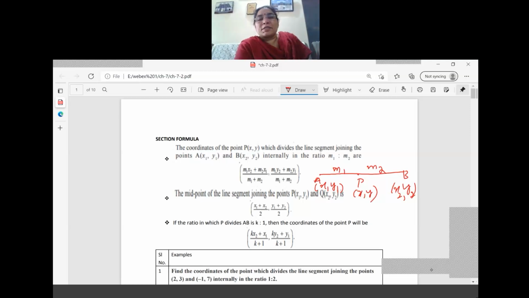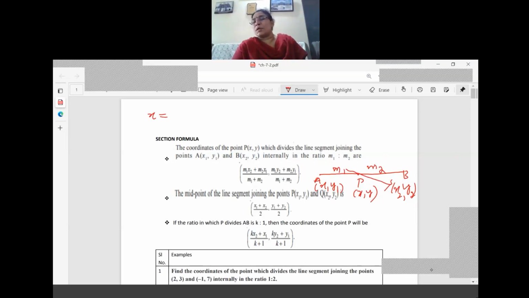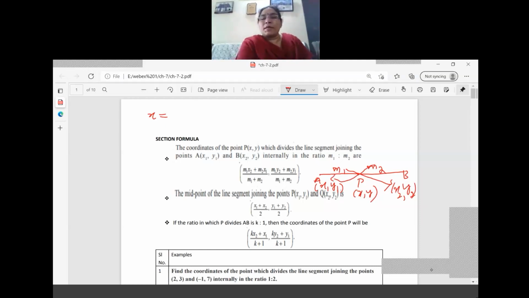So x is the first value we are taking for P, that is the x coordinate. With m1 as the ratio, the coordinate is the far away one, x2. With m2 as the ratio, the coordinate is x1. So x = (m1x2 + m2x1) divided by (m1 + m2).